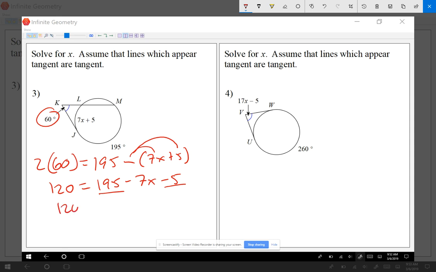So I have that 120 is equal to 190 minus 7x. Let me subtract 190. So I have that negative 70 is equal to negative 7x. I think the last part we can see I divide both sides by negative 7. X equals 10.